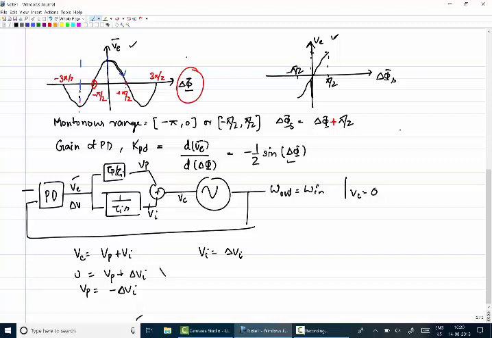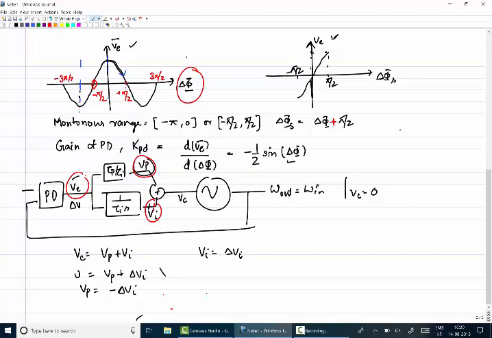Now in response to this VP voltage, you are going to have a corresponding error voltage. What voltage you are getting at the output of the phase error detector will also change depending on what offset you are getting in the integral part. So this is some way in which you can manipulate the voltages and phases.